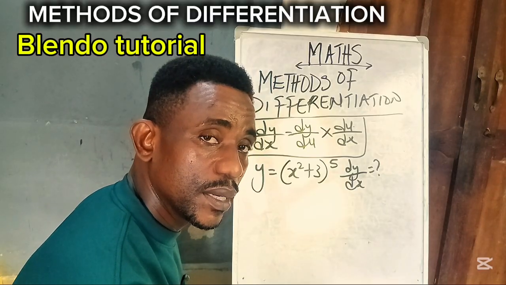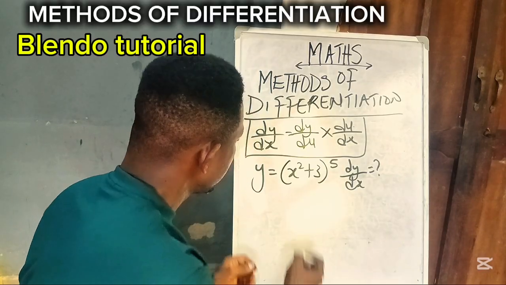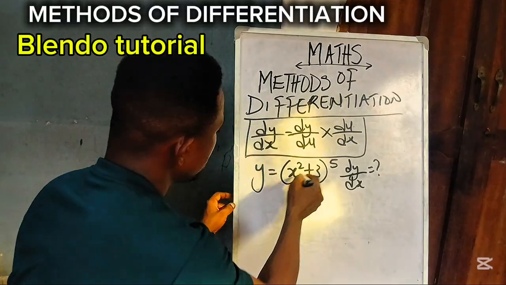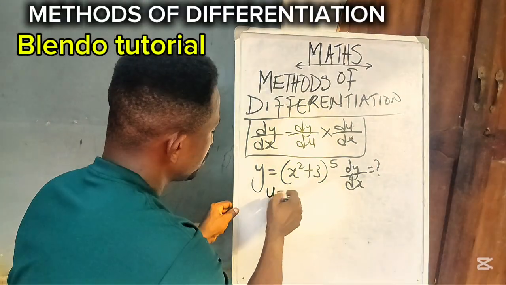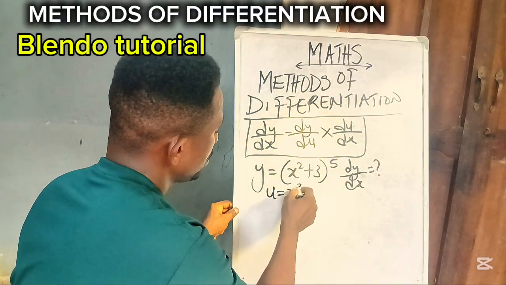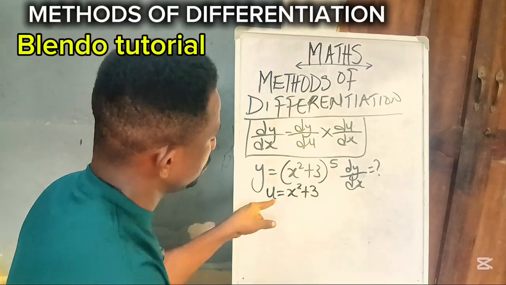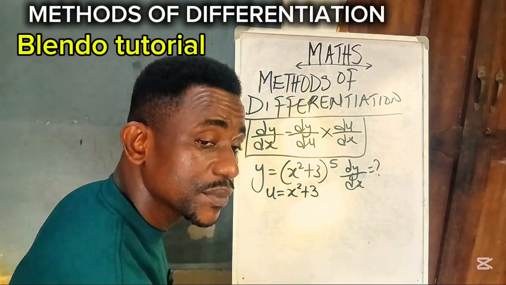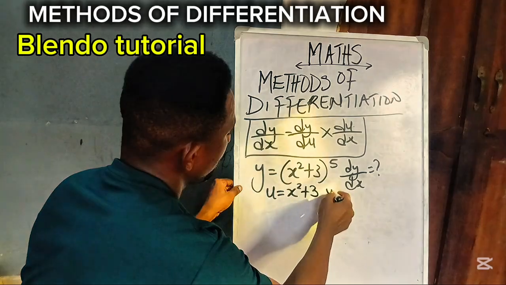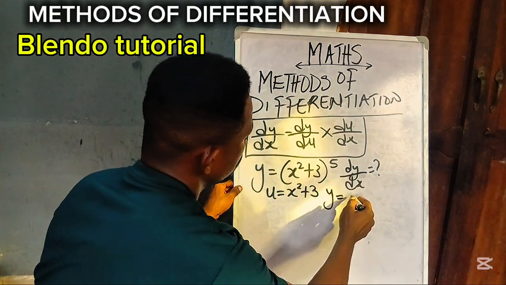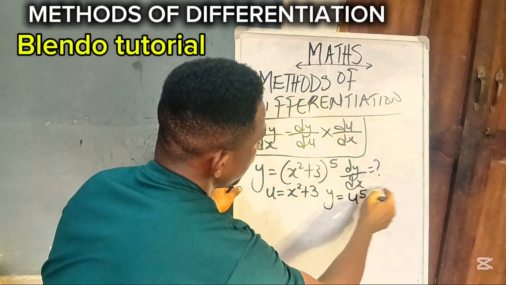And we call the inner function u, which is u equal to x squared plus 3. And we say y equal to u raised to the power 5.